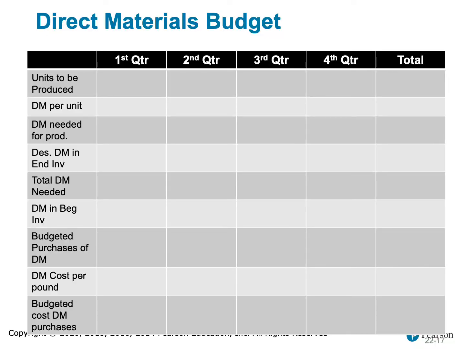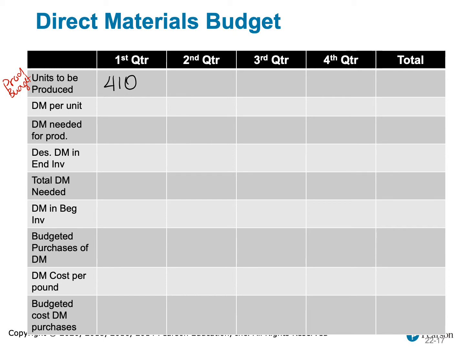So going back to our production budget, you may want to be working at this spread out at a desk where you can have all of your budgets laid out in front of you and keep referring back to them, because this line right here is coming from the production budget. So we know, based on the production budget, that we expect to produce 410 units in quarter 1.